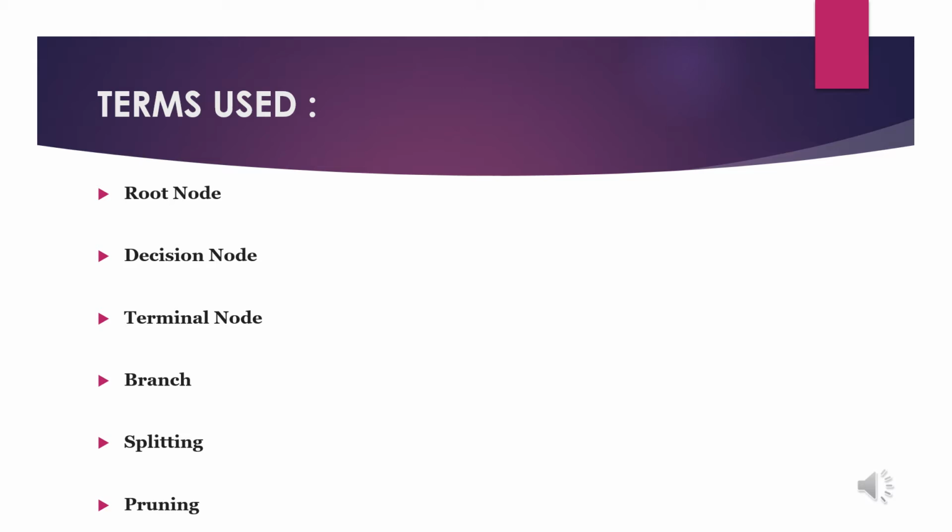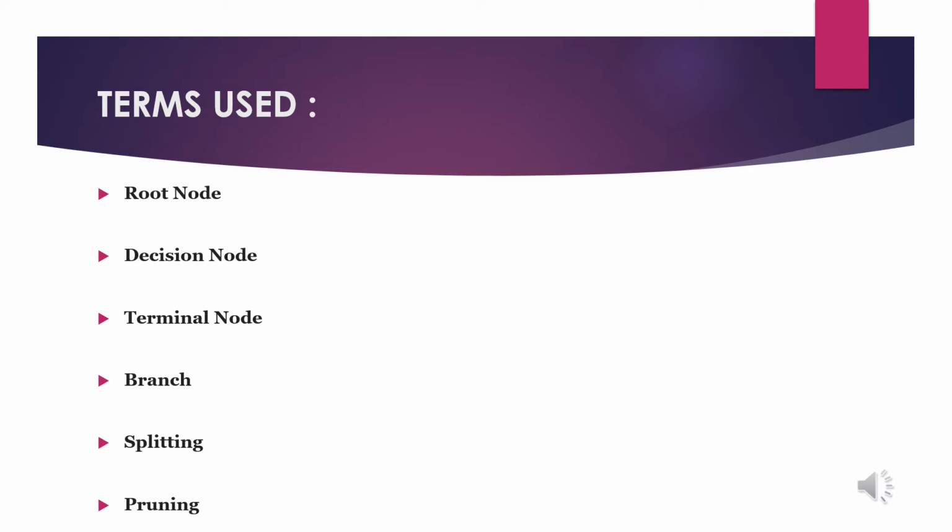The two terms now that we will be talking about are splitting and pruning. What do we mean by splitting and pruning? Splitting is basically the division of the available options into multiple subnodes, which we have talked about in decision making. That means going from 1 to 2, 2 to 4.